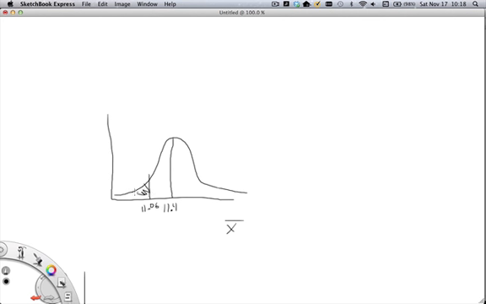And what we need to do is evaluate the area in that tail. So we need to find the probability that x bar is less than 11.06. Now, this is going to be exactly equal to the chance that I have a t statistic less than 11.06 minus the mean, which is $11.40-ish, divide by the standard error.